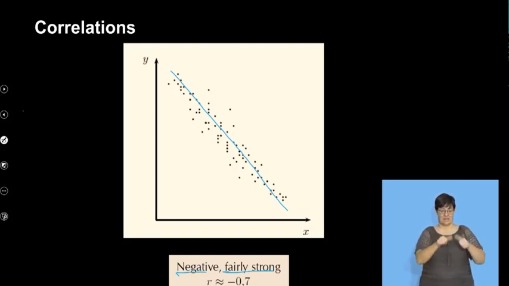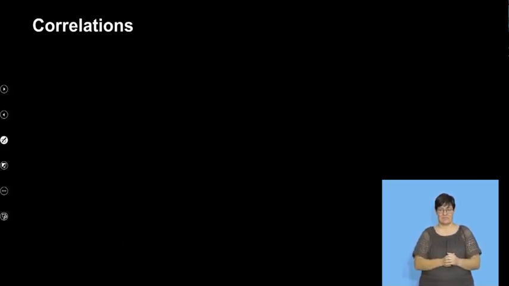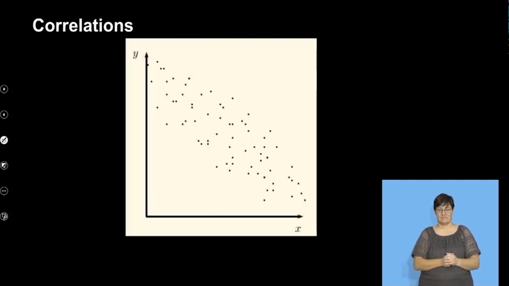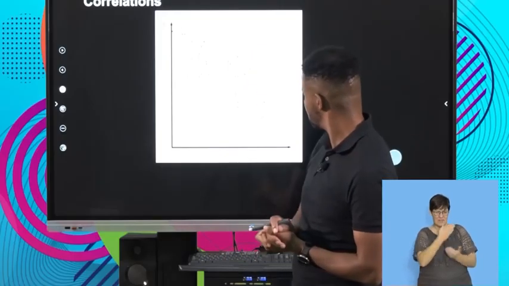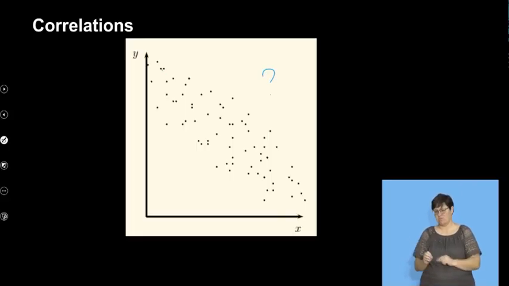Let's look at the next one. Interesting one. Is there no correlation here? I think there is. It does exist. Positive or negative? Negative, because I can get a straight line with a negative gradient, negative slope.